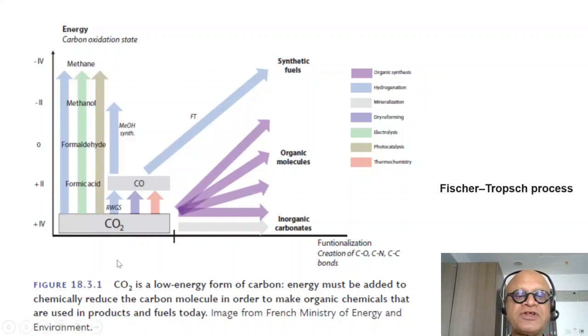Okay, so here it is a graph showing the functionalization creation of CO and CN and CC bonds, carbon oxygen, carbon nitrogen, and carbon carbon bonds. Since CO2 is a low energy form of carbon, it's already oxidized, doesn't have much more energy left. Energy must be added to chemically reduce the carbon molecule in order to make organic chemicals that are used in products and fuels today.